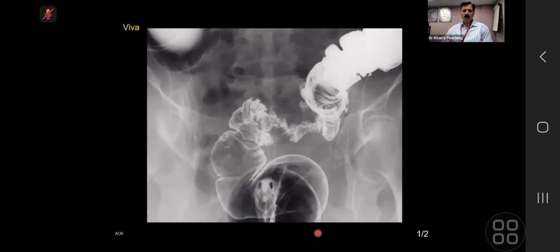And again, if you read your books, it will tell you that there is hypertrophy of the muscularis propria. So where there are diverticuli, there is hypertrophy of muscularis propria, and it gives the mucosal outline a peculiar serrated outline.